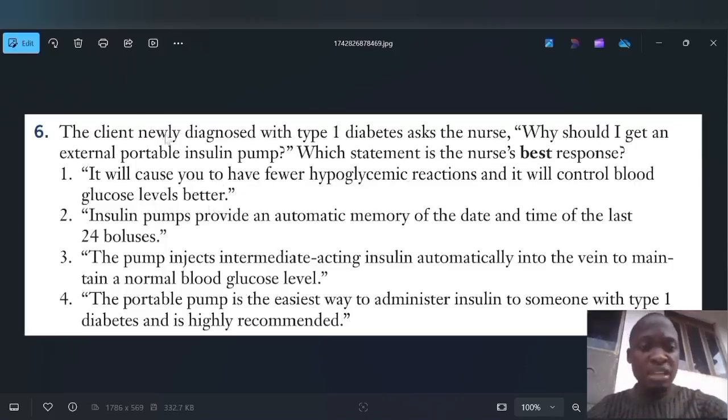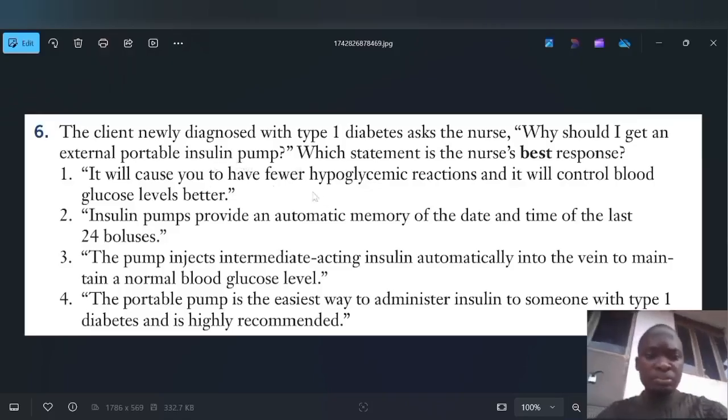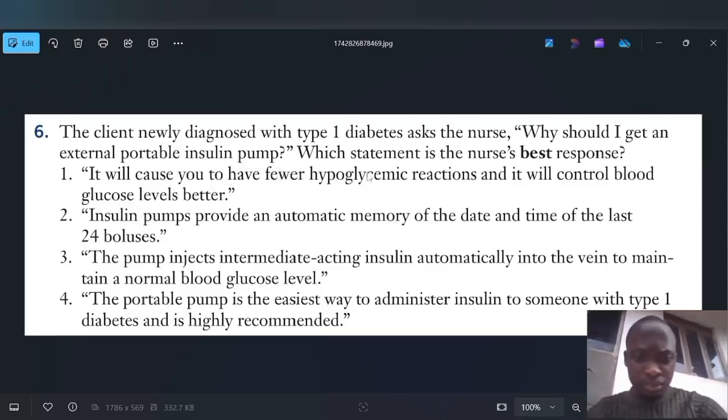Absolutely, the patient better gets this portable insulin pump, because it's easier to control the diabetes with an external portable pump, since it's self-managed by the client instead of having to rush to the doctor. So it will cause you to have fewer hypoglycemic reactions and will control blood glucose levels better.